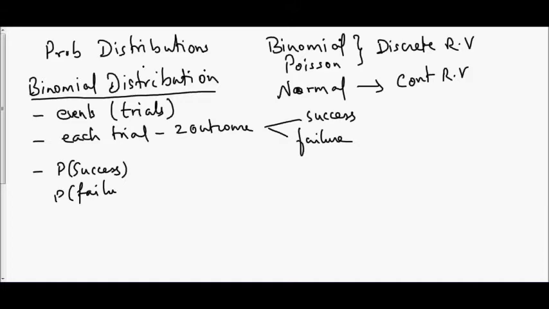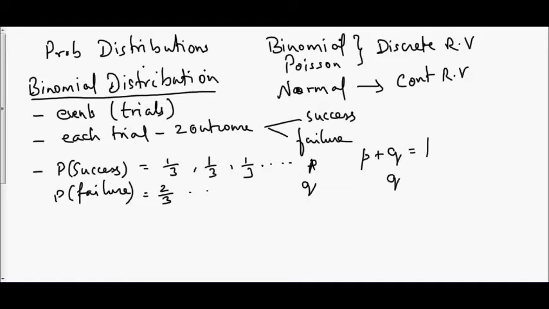If the probability of success is 1 over 3 for the first trial, it should be 1 over 3 for every trial that you do. In that case, the probability of failure would be 2 over 3, because the probability of success plus failure should give you a total of 1. So if I call the probability of success p and the probability of failure q, then p plus q should be equal to 1. I can also write q, the probability of failure, as 1 minus the probability of success.